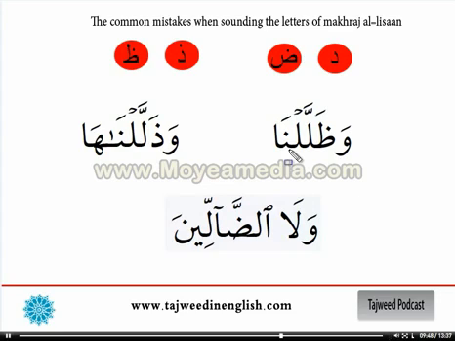So when we read in the Quran, as you can see, وَظَلَّلْنَا in Surah Al-Baqarah, dha is different than ذال. وظللنا عليهم الغمام. وذللنا, if we look at the two words in the Quran, they have similar letters up to here. When you count them, this alif is the same as this alif. وَظَلَّلْنَا, وَذَلَّلْنَاهَا. The only thing is the extra ha here.